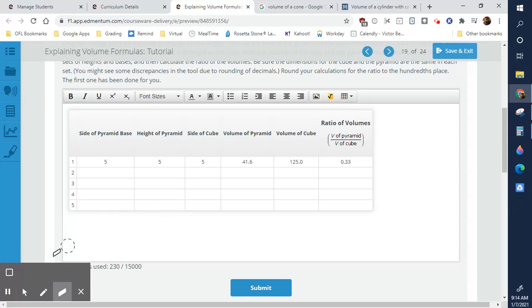Side length of cube, that's a little weird. So I'm going to make it the same as the side lengths of a pyramid, because you should always have the side lengths of your pyramid the same as the side lengths of a cube. Otherwise, this doesn't really work. This column should always be the same as this column. The fact that they didn't do that is kind of dumb.